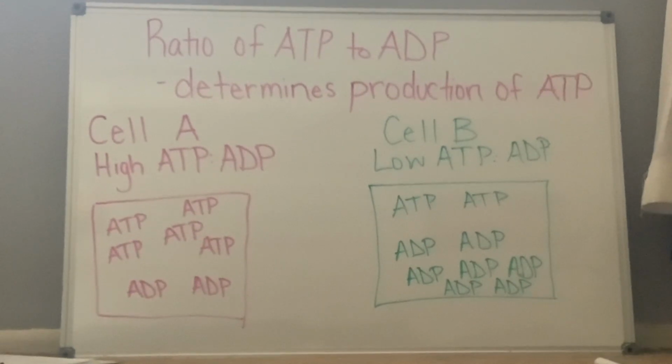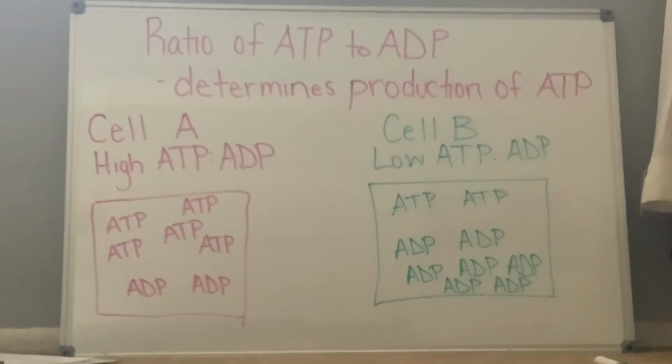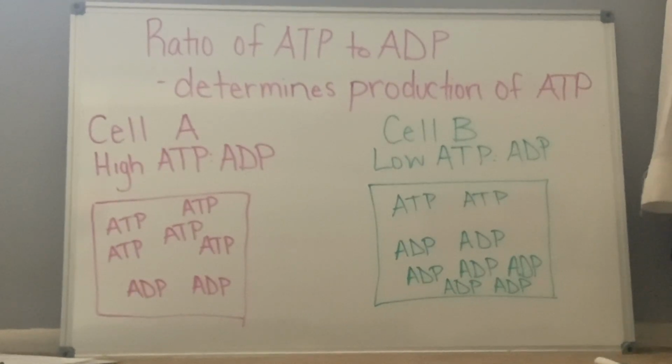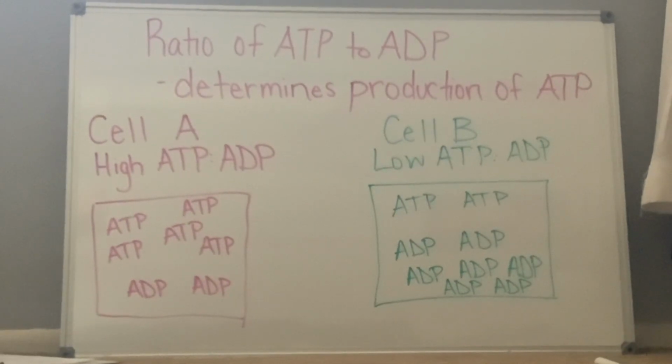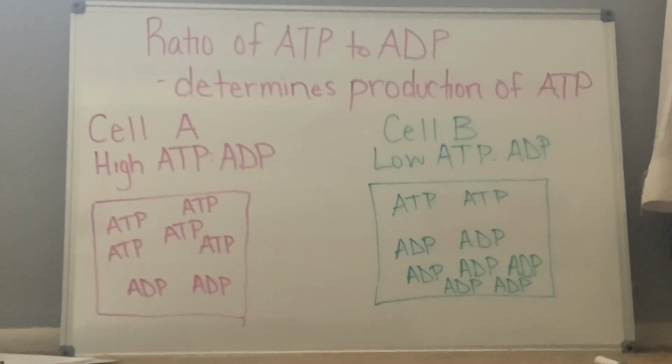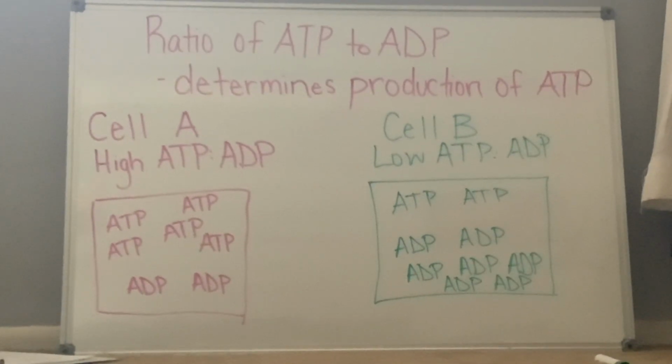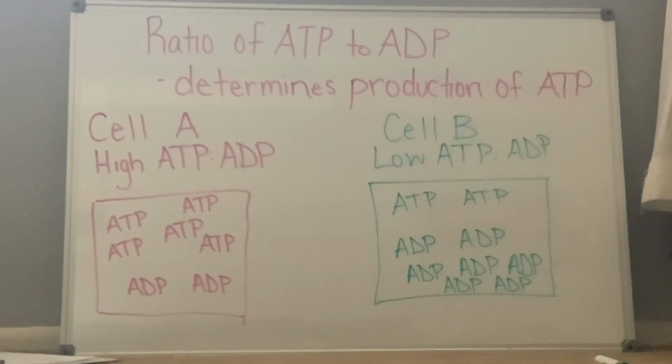You can see the ratio of ATP is 5:2. So there is almost 3 times as much ATP compared to ADP. This is a sign that the cell is not metabolically active or has low ATP usage at this time. Therefore, it does not need to produce more ATP because it is already producing more ATP than it is using.